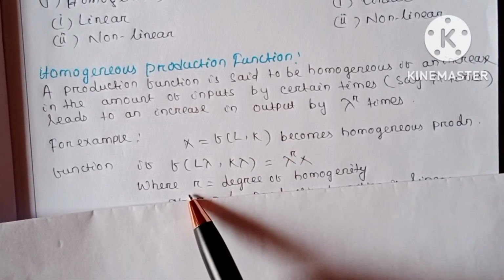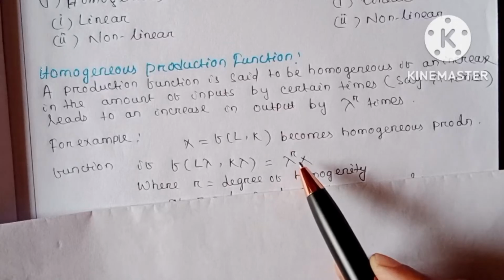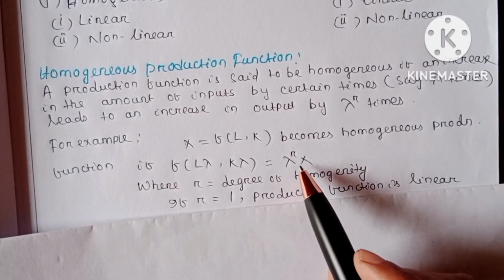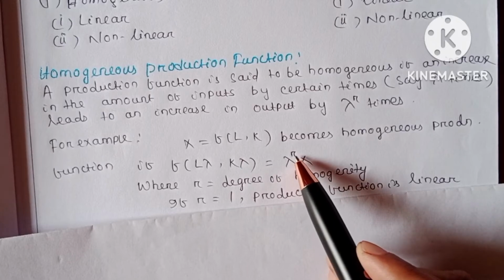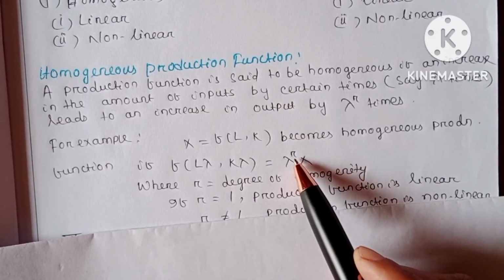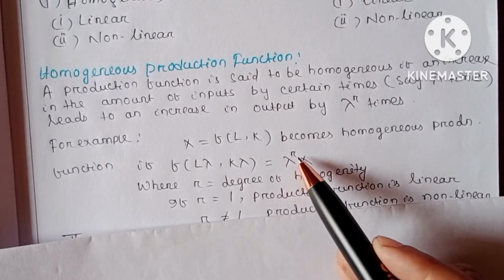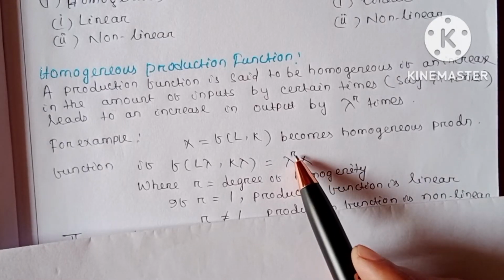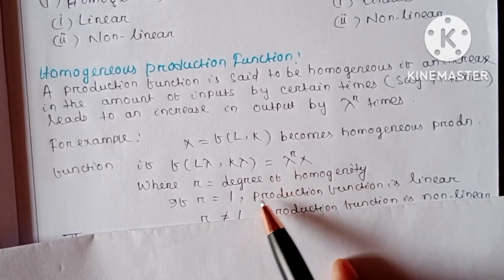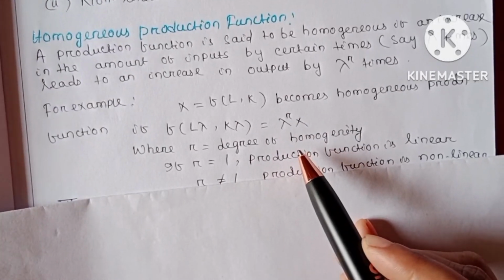If r equals 1, then this production function is linear homogeneous, and here r represents the degree of homogeneity. So whether a production function is linear or non-linear depends on the value of r, the degree of homogeneity.